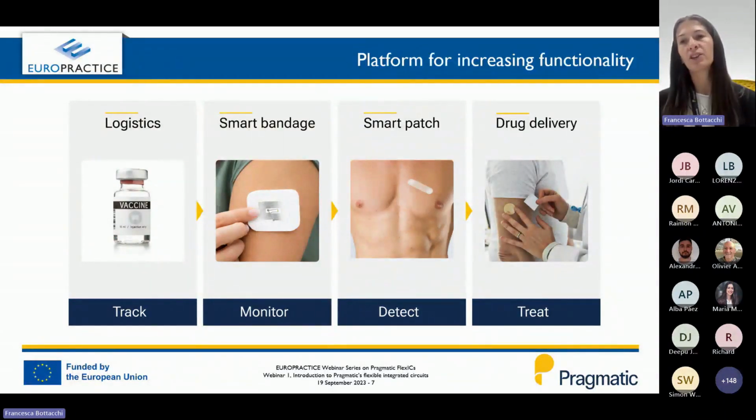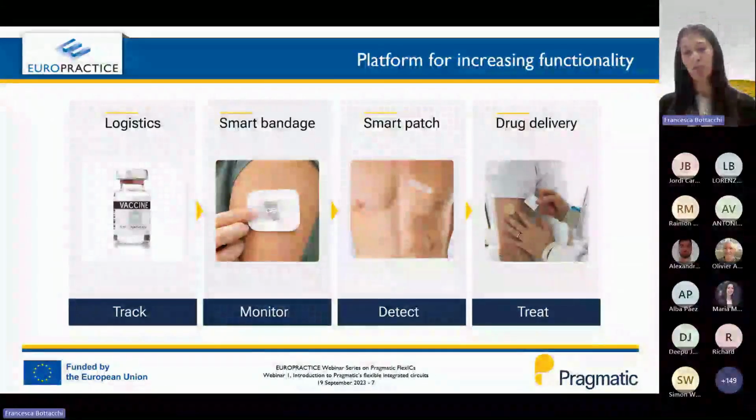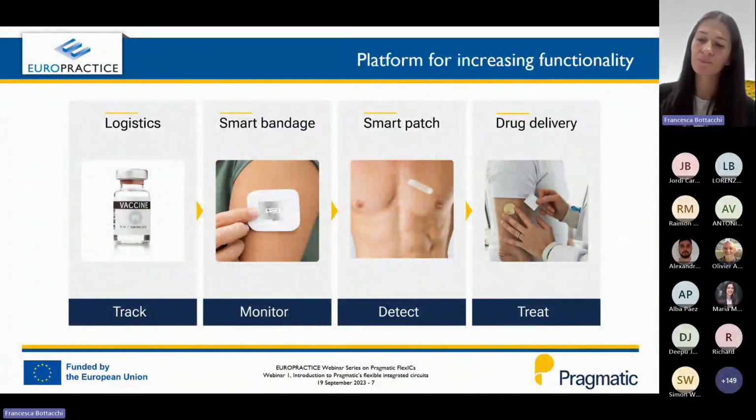All of these applications, in principle, could also be done with silicon, but the main difference is that most of them are consumable, and some of them can even be disposable. So when you think about using one of these products only for a very limited period of time, or like a single-time use, then silicon is not affordable from a cost point of view for the healthcare system.